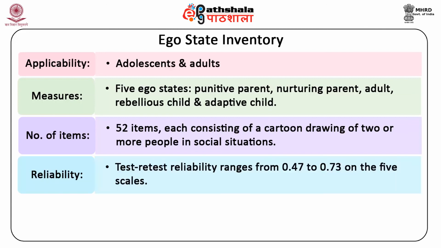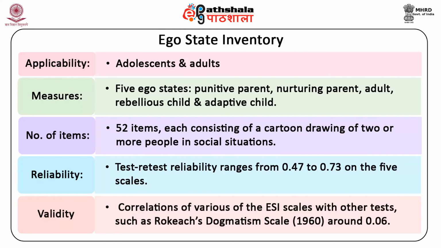Reliability: test-retest reliability ranges from 0.47 to 0.73 on the 5 scales. Validity: correlations of various of the ESI scales with other tests such as Rokeach's Dogmatism Scale and scales from Gough's California Personality Inventory cluster around 0.06.